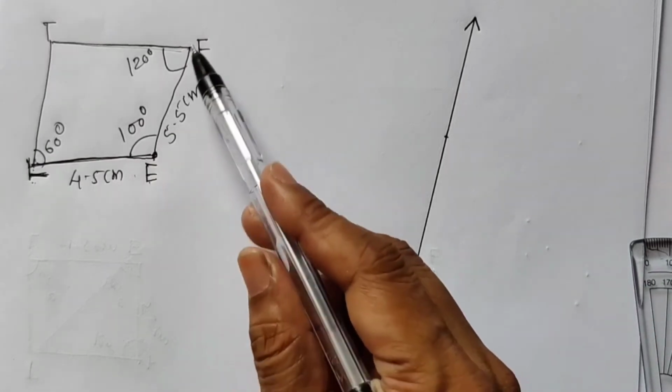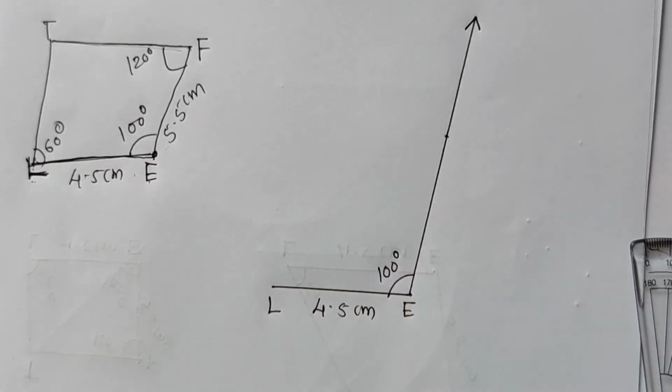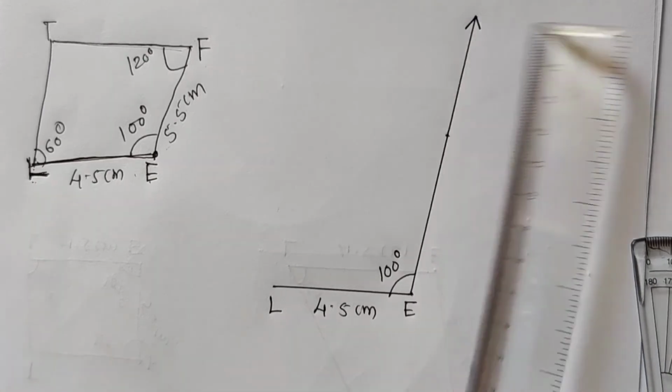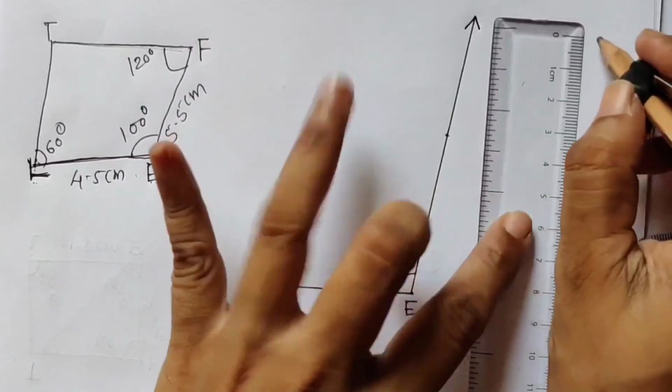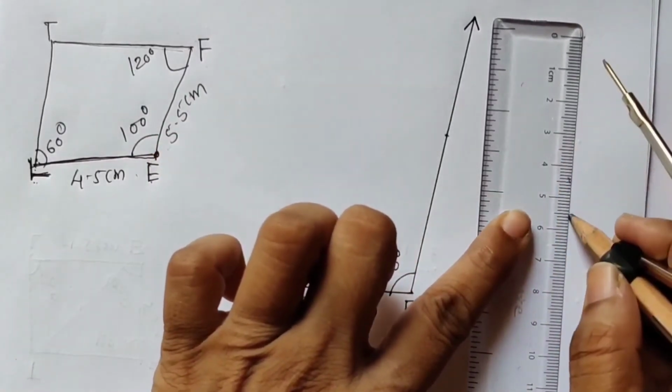Now EF is 5.5. So I have to take a distance of 5.5 in my compass. So distance of 5.5 I am going to take from 0 to 5.5.